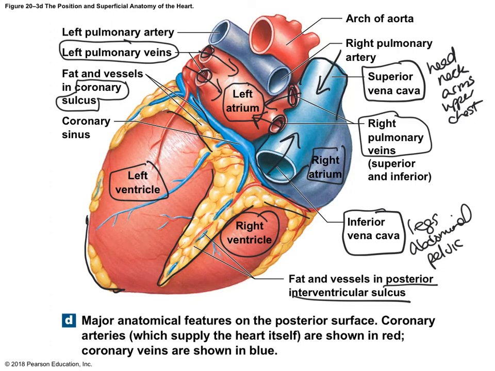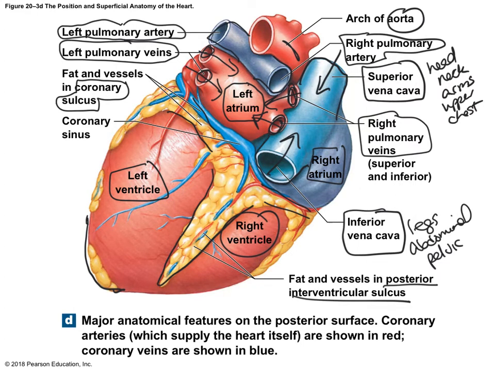It's coming from the lungs. We can also see those other major blood vessels like the aorta up here, and we can see the left pulmonary artery and the right pulmonary artery here. So this is where that pulmonary trunk divided into the right and the left pulmonary arteries.